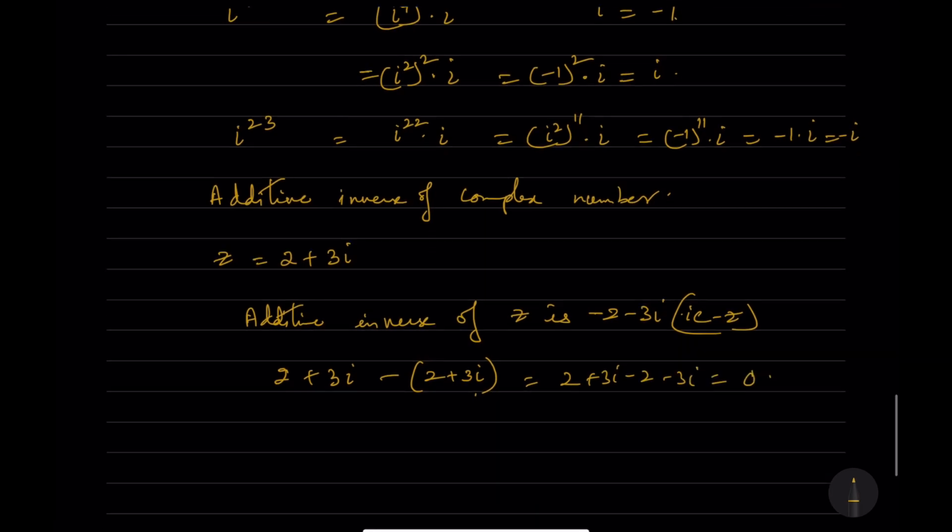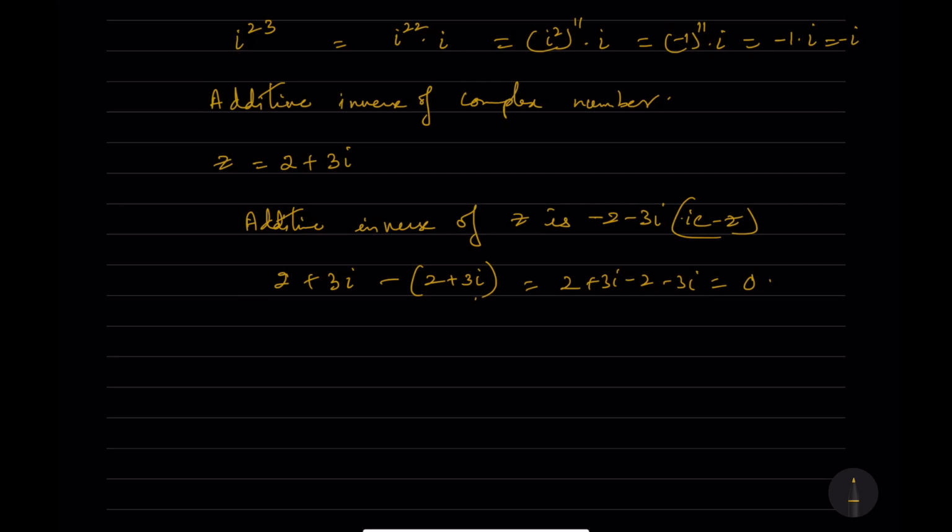So this is the additive identity, and here this is the additive inverse. The additive inverse of z is the negative of the given number.